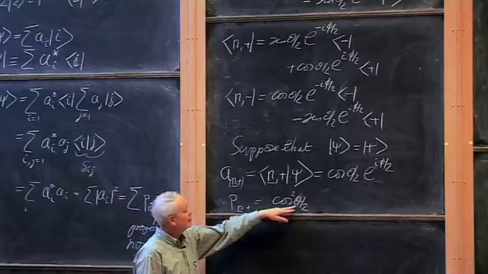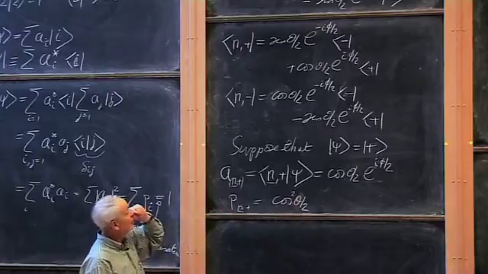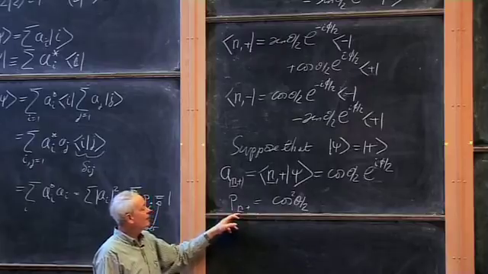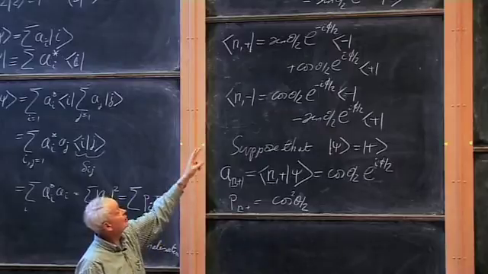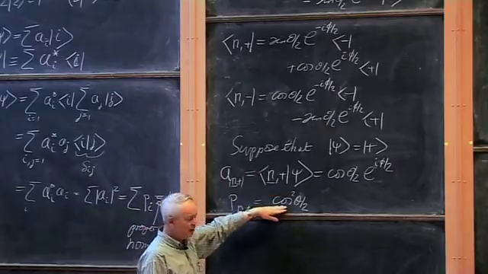Does this make sense? When theta is naught, n coincides with the z-axis, and therefore the probability has to be 1, because we already know that it's certainly pointing up the z-axis. And guess what? It is 1.